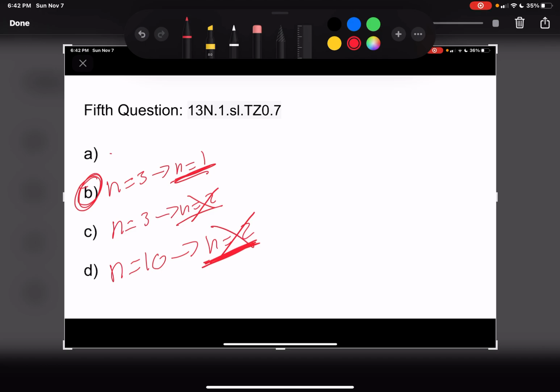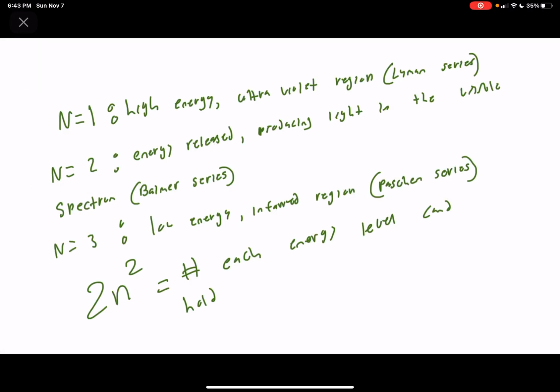And A is incorrect, because it went from n equal 1 to n equal 3. It didn't even drop down. This is a lower energy level to a higher energy level, so it can't release energy. And it also isn't n equal 1. So it's incorrect. So your answer here would be B.